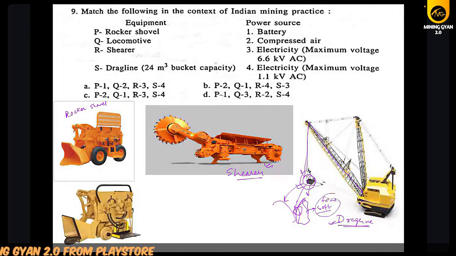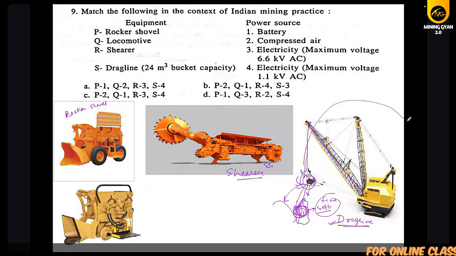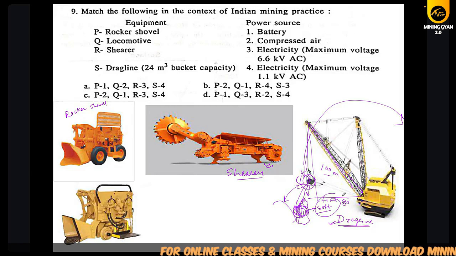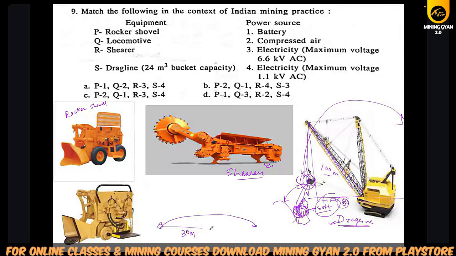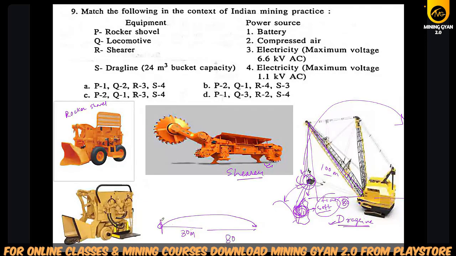It will fill the bucket with the OB and transport the material from one point to another. Suppose it is 100 meter and, if the angle comes, it is 80 meter, then it will throw the OB from 80 meter here to 80 meter there. The capital investment for the drag line is very huge.